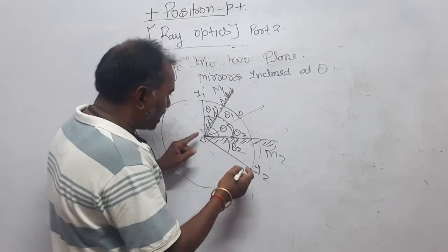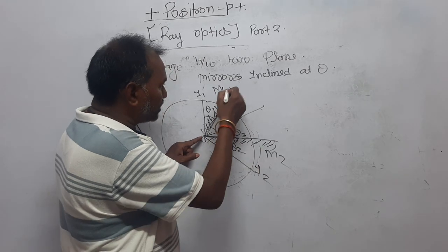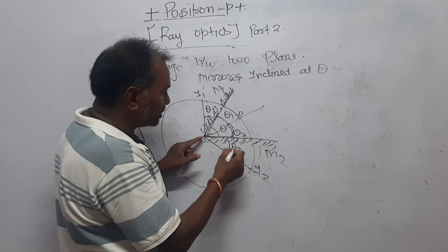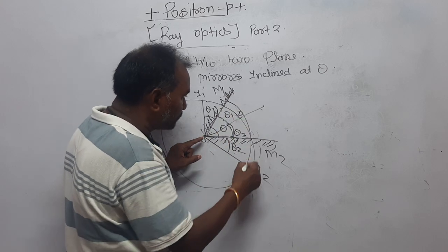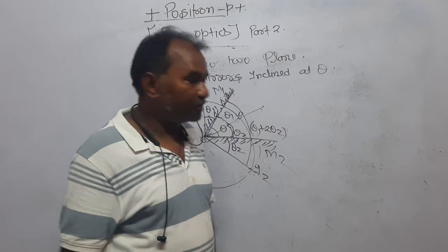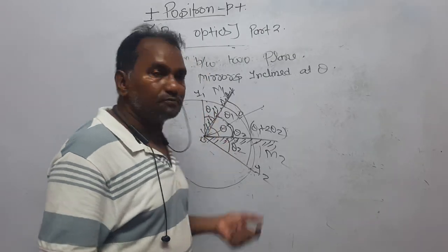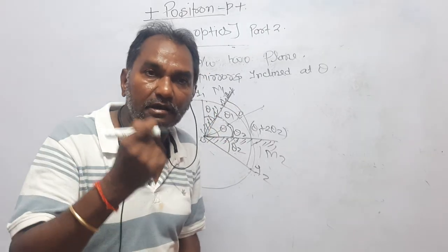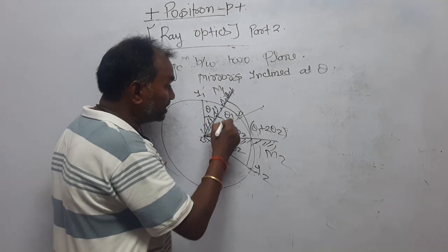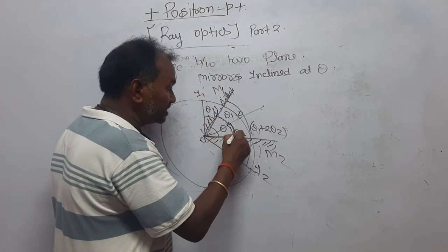First, I am considering that this I2 is the virtual object for the mirror M1. Now, at what angle is I2 from M1? That is theta 1 plus theta 2 plus theta 2, meaning at an angle theta 1 plus 2 theta 2. Dear students, don't be confused. Very simply, first find out the angle at which image I2 exists from M1. It was theta 1, it was theta 2.